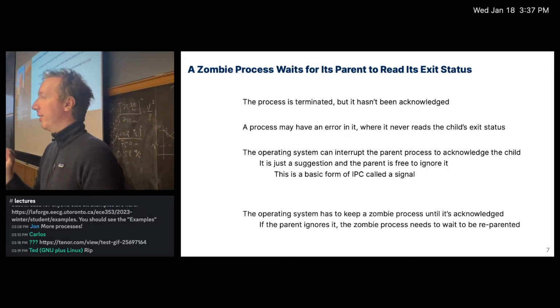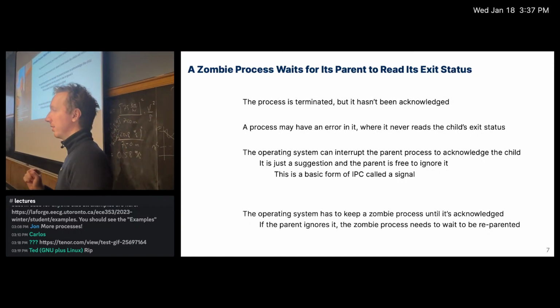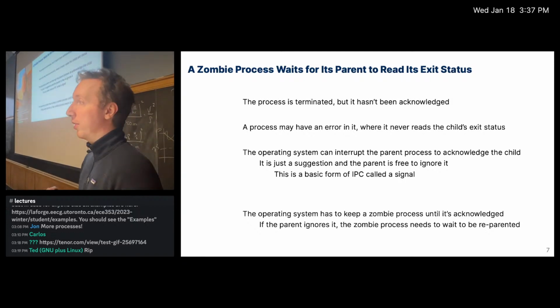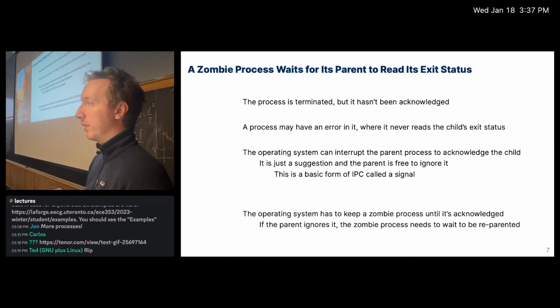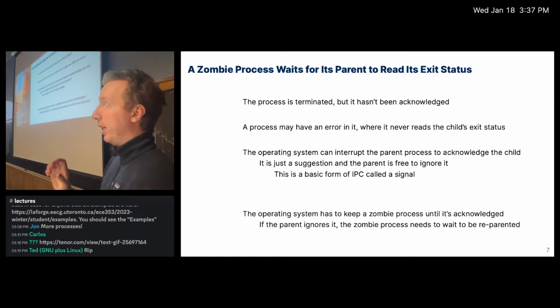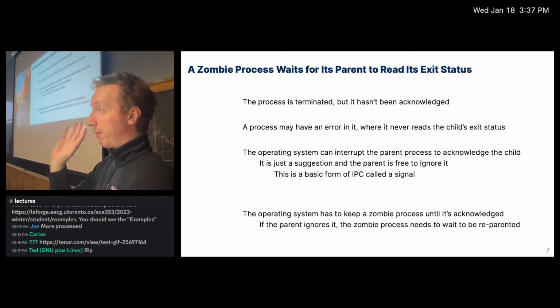Yep. In the functional example that we just went over, what part is the actual acknowledgement? Just the wait call? Just calling wait is enough that it's acknowledged? So wait is the acknowledgement. Wait will wait for your child to actually exit.